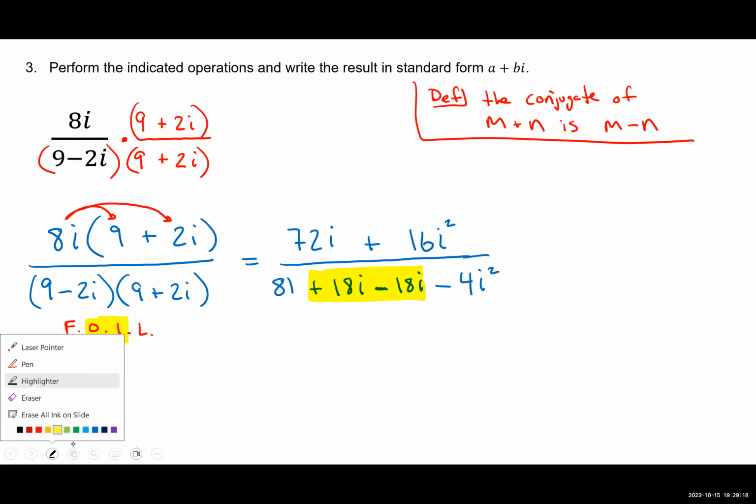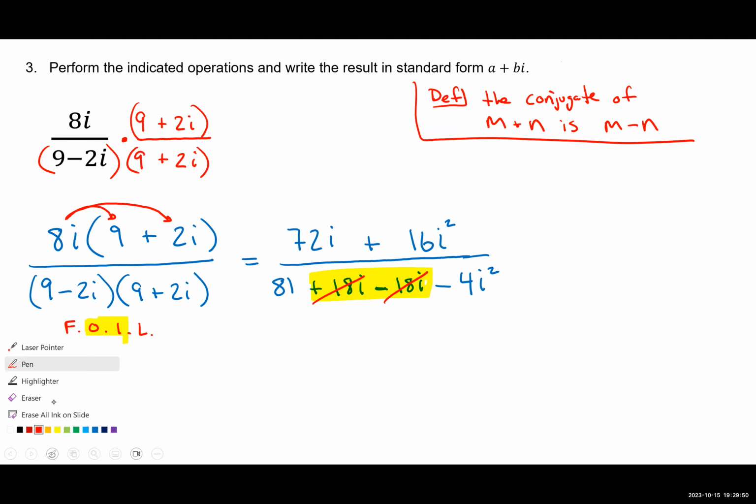They add up to 0. The outer times outer will be one sign, either positive or negative, and the inner times inner will be the same number, but the opposite sign. So they will always cancel, and that's the whole point of the conjugate.